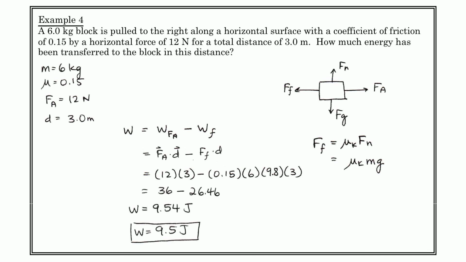And when we calculate this, we get 9.5 joules of energy that's been transferred to the block. So again, our force has provided energy to the block, the force of friction has taken energy from the block, and this is the trade-off that we get, almost 10 joules.